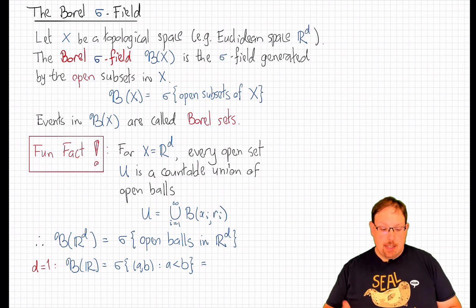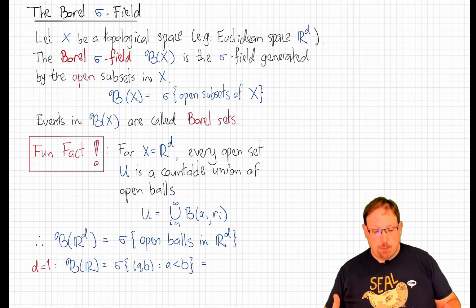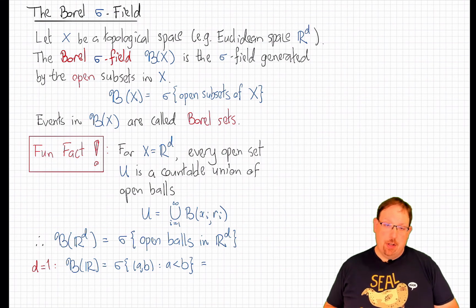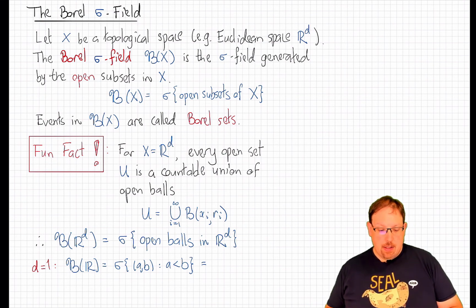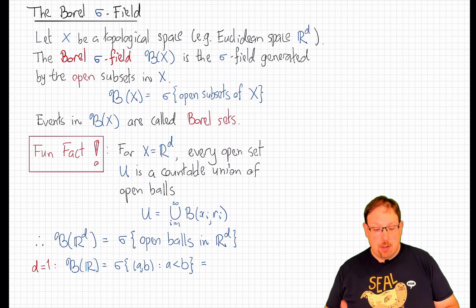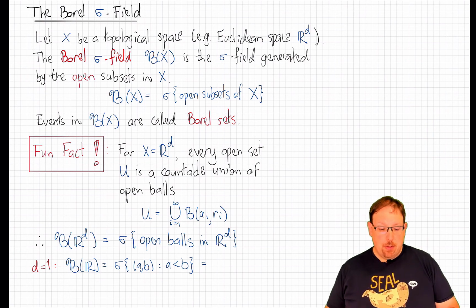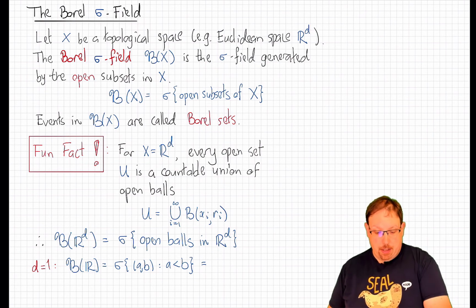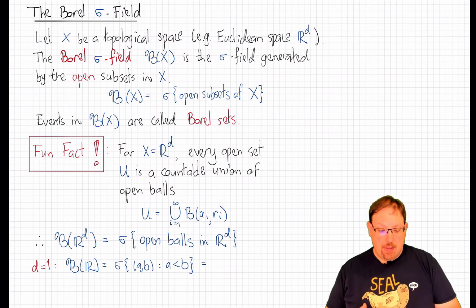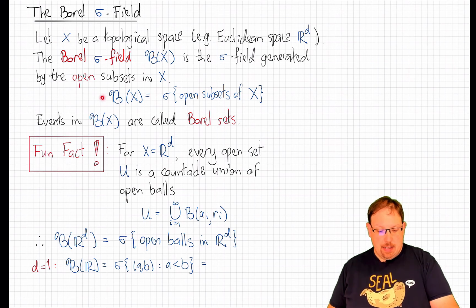So let's consider topological spaces, X. Again, if you're more comfortable thinking of Euclidean space, that's pretty much the only example you'll need to know for this course. There's a special sigma field associated to any topological space, which we will use a lot, called the Borel sigma field, denoted like this, script B of that space X. And it's simply defined like this.